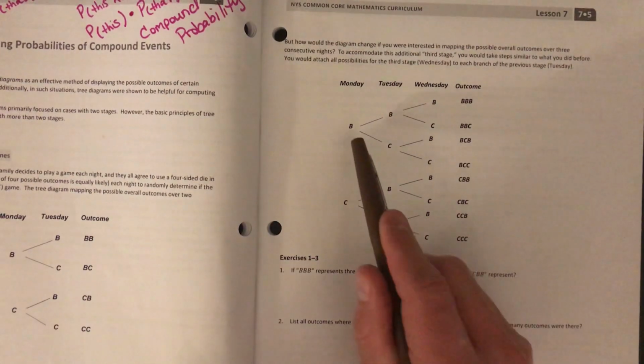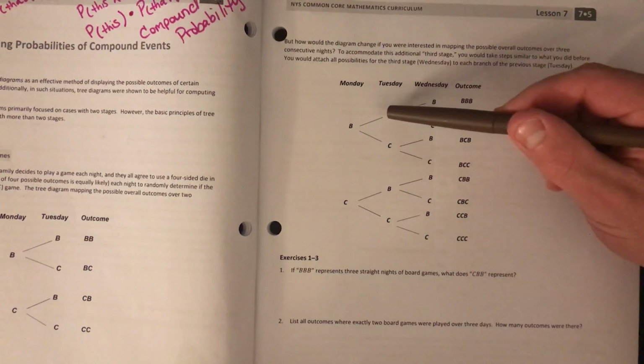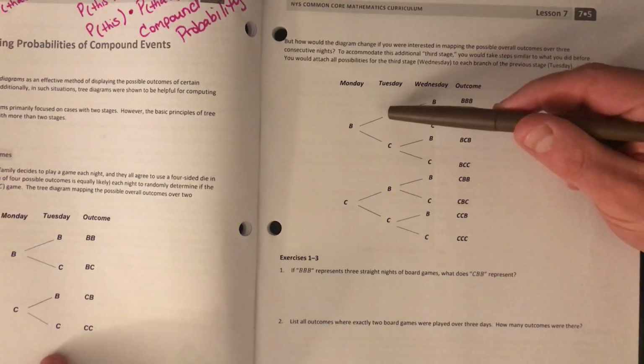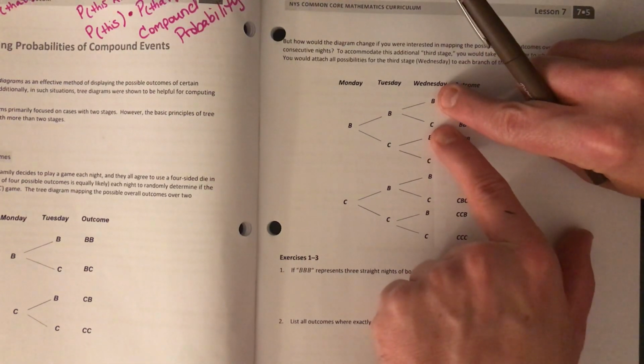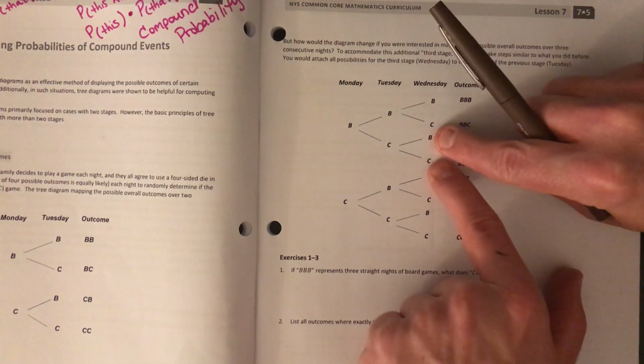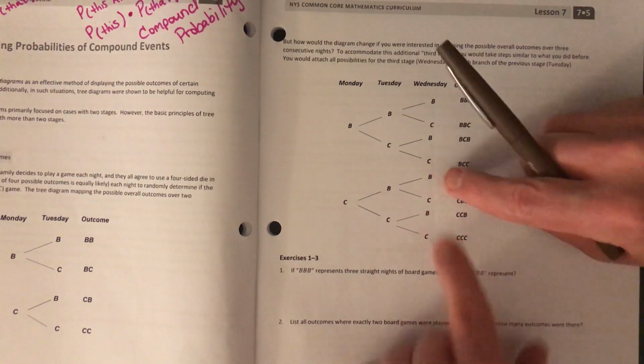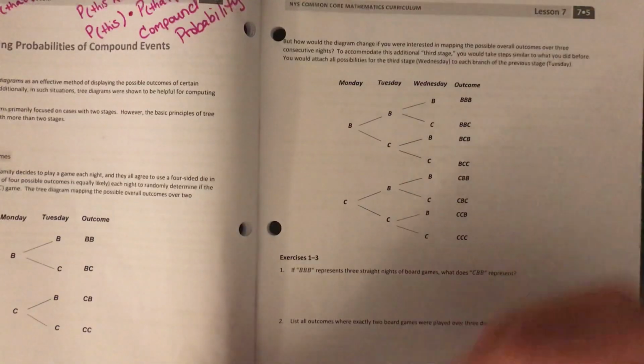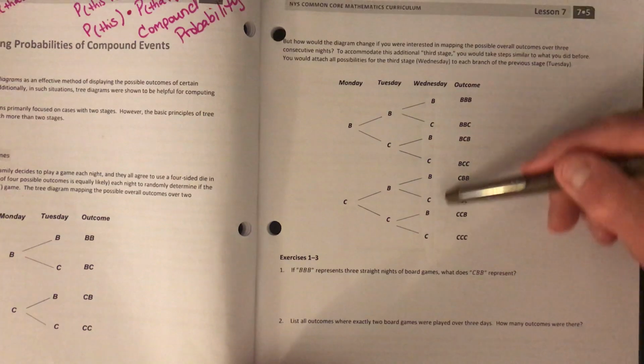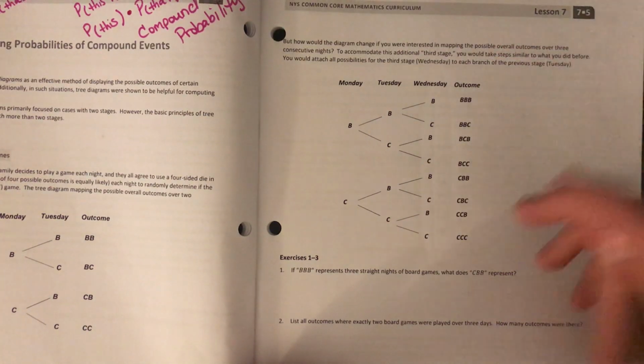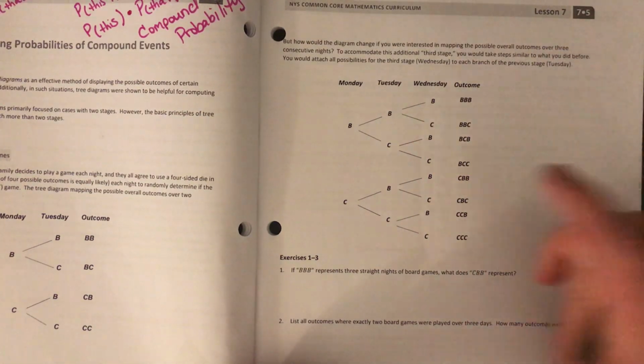I guess I don't really need to say them all. But see, what they've done is after the 2nd stage, BC, BC, they've added a BC branch onto each one of those. And so now there's a lot more possible outcomes for this 3-stage experiment, because they've essentially doubled, right?